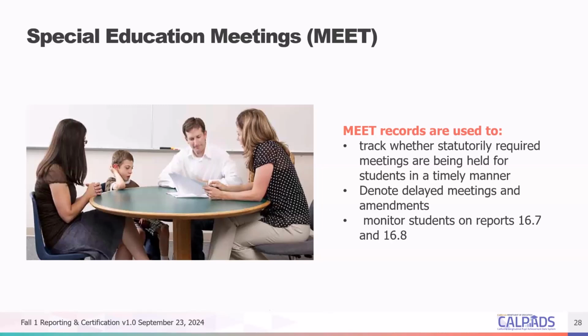They denote delay to meetings or amendments and monitor students on reports. They're used to help monitor students on reports 16.7 and 16.8. These are not certification or snapshot reports, so they're under accountability and monitoring.